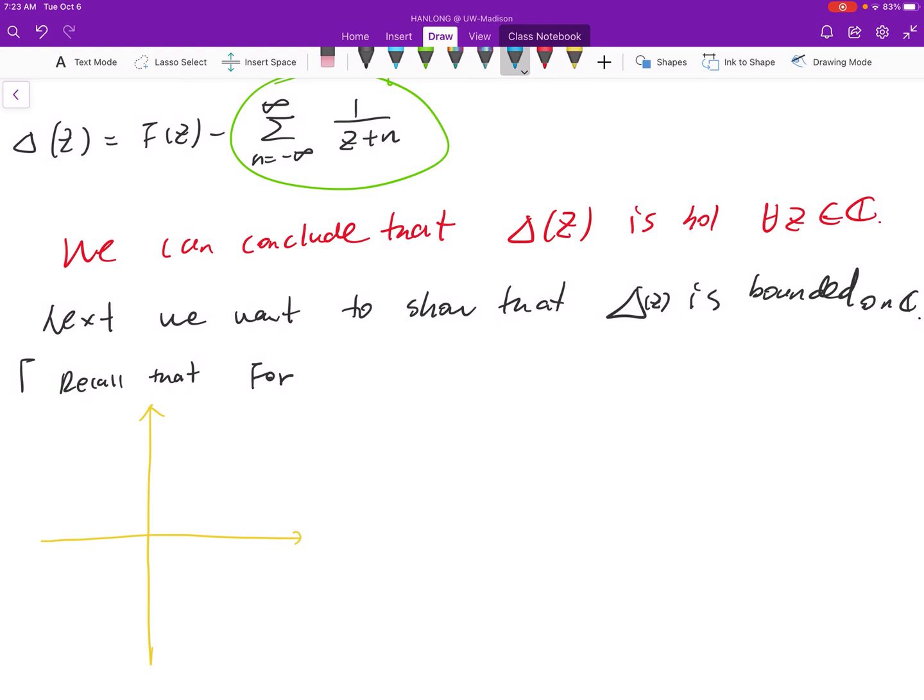So you consider a square with side length 2r, outside of r.